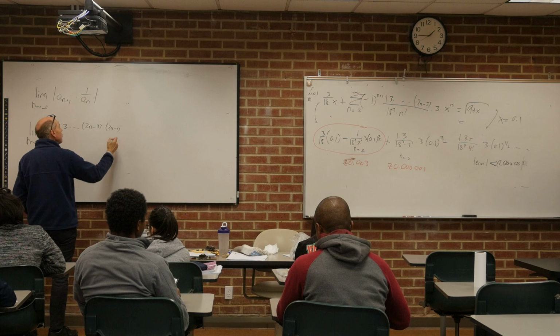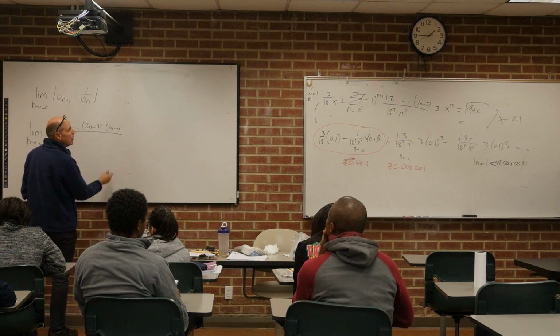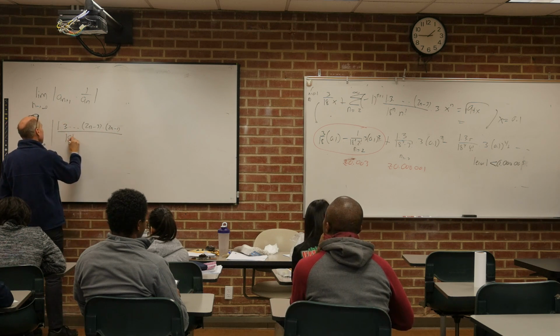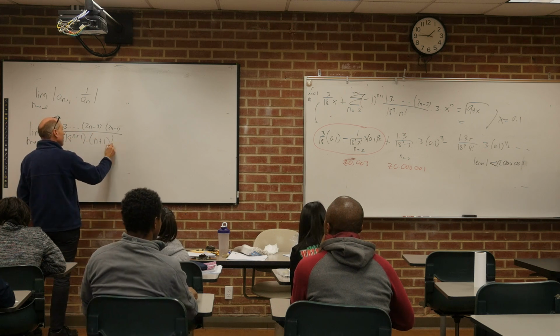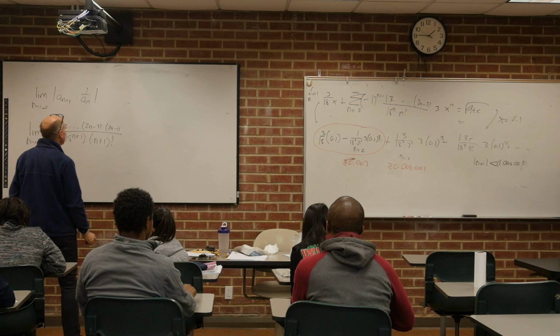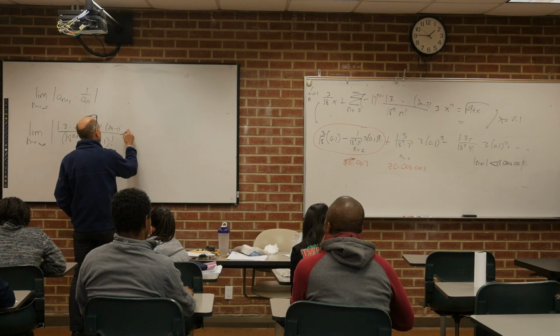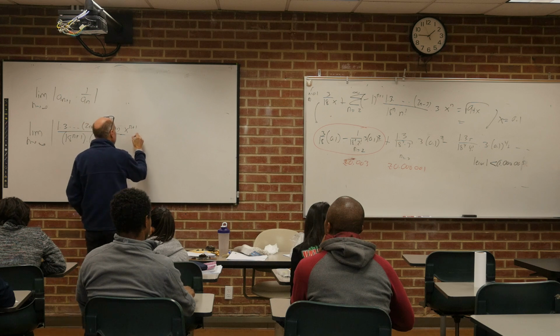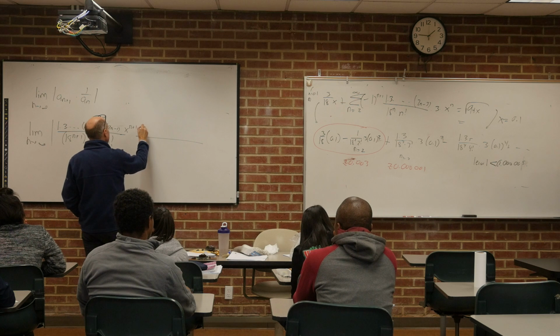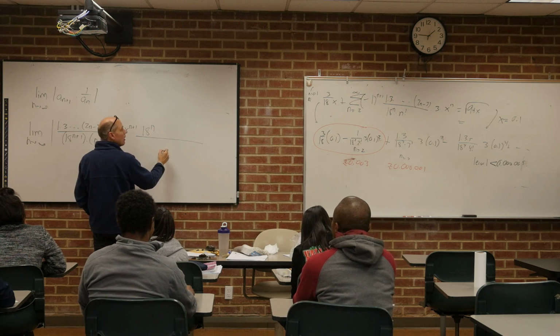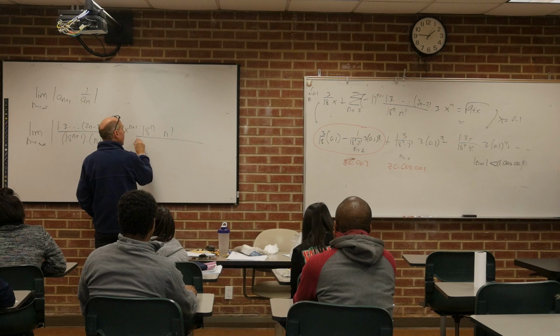So the next one is 2n minus 1. The denominator is 18 to the n plus 1 times n plus 1 factorial x to the n plus 1. Then if I turn this upside down, it's 18 to the n factorial.